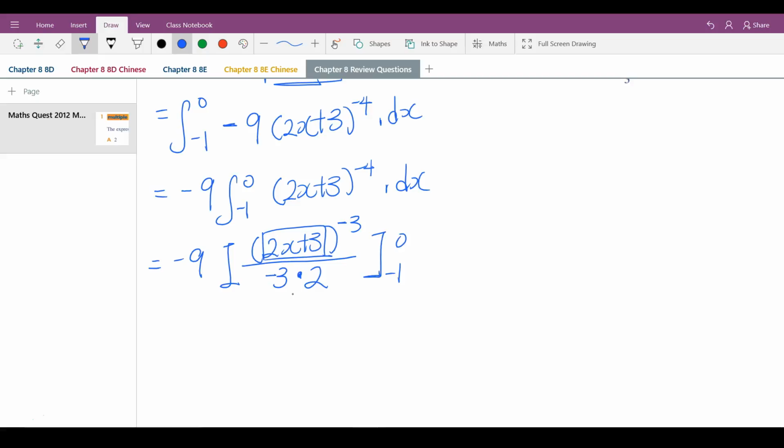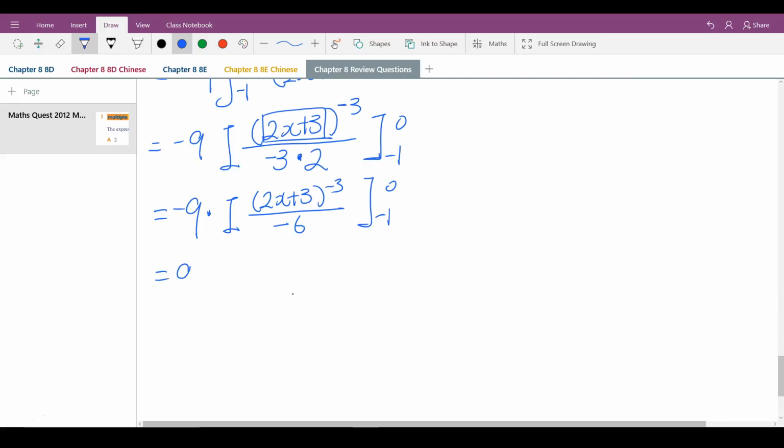From negative 1 to 0. So that becomes 2x plus 3 to the power of negative 3 all over negative 6, from negative 1 to 0.